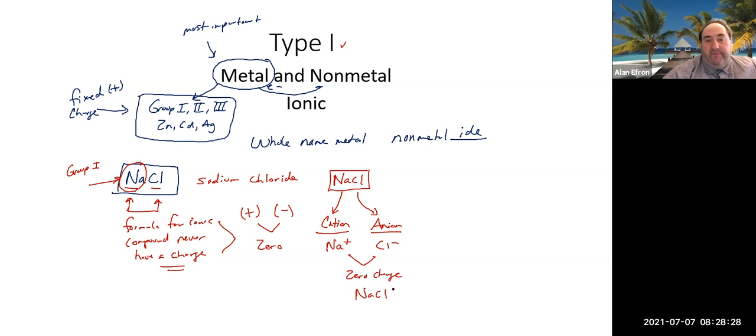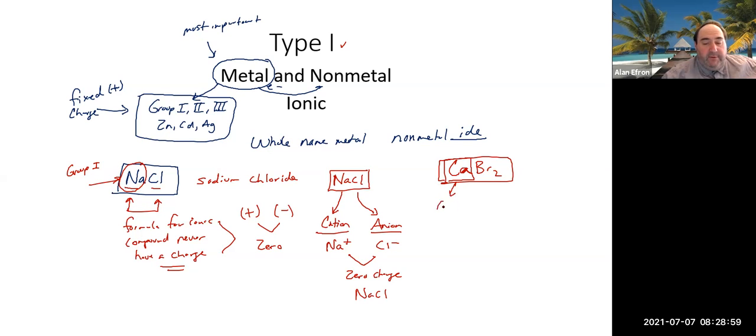So for example, if we took something like calcium bromide, CaBr2, and we look at this, calcium is a metal, bromine is a non-metal, and again, the importance here is our metal.